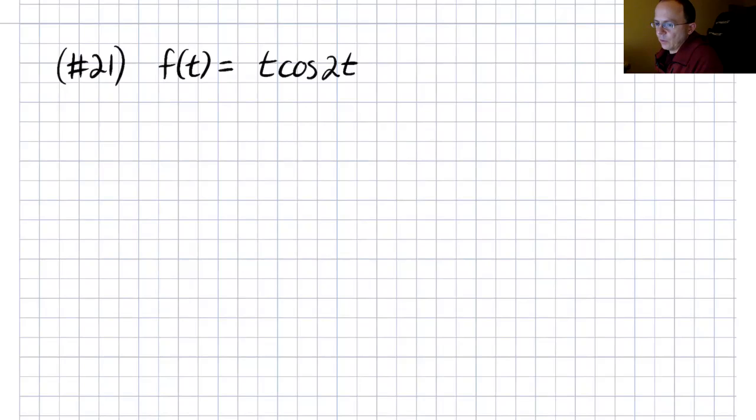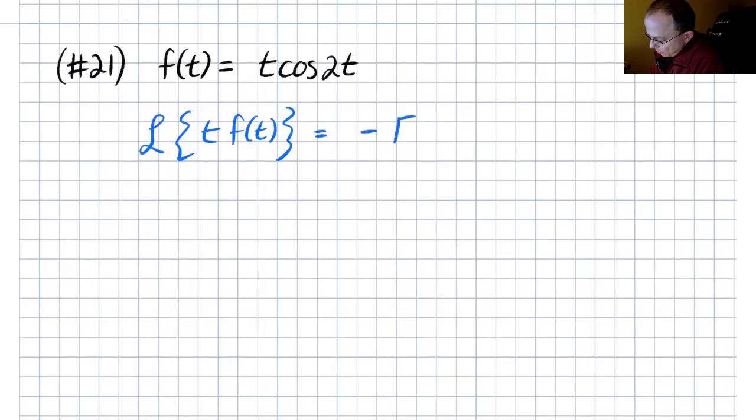So I suppose if we were to use that, we have that the Laplace transform of t times f of t is equal to minus F prime of s.